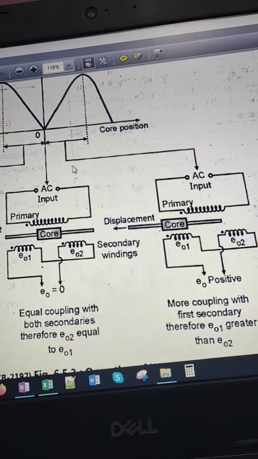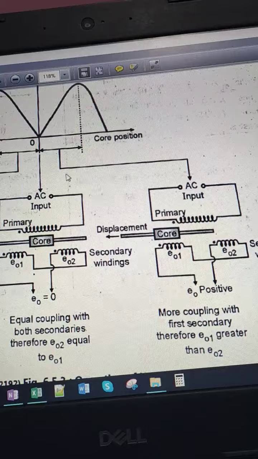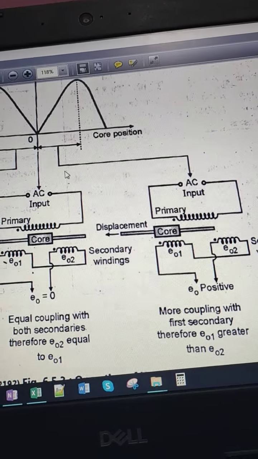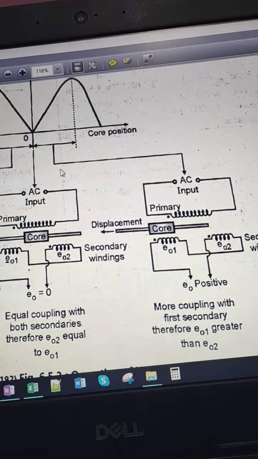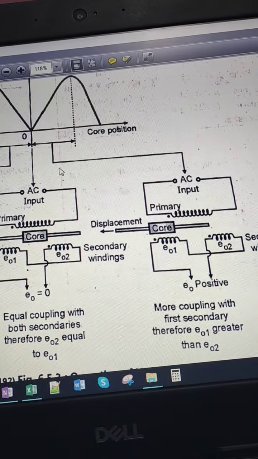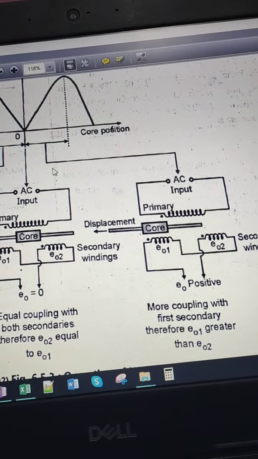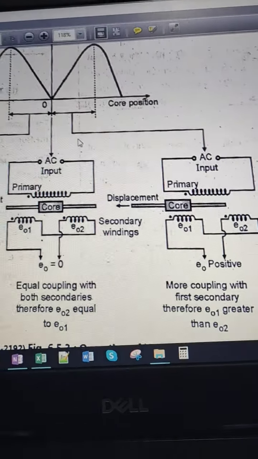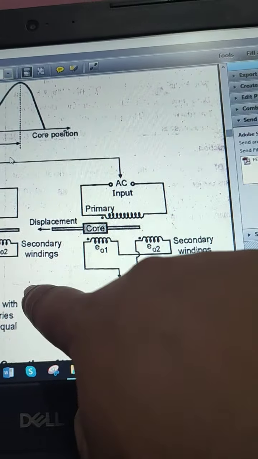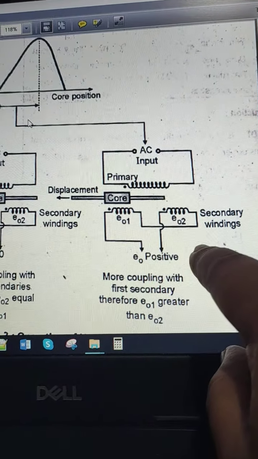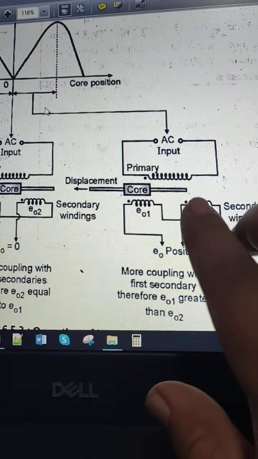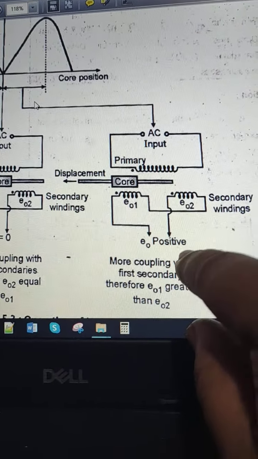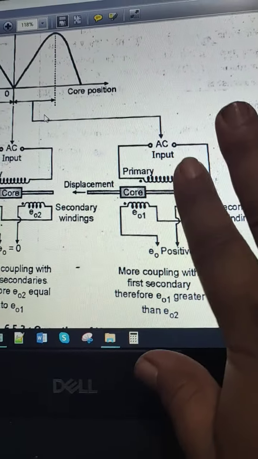When the core is moved towards the E02 side, E02 is higher as compared to E01, so the difference is negative, and we get this type of curve. When the core moves towards the other side, E01 is higher as compared to E02, so we get E01 as positive. There is more coupling on the first secondary side, and so we get this type of graph.